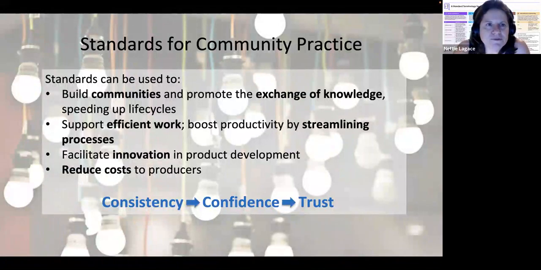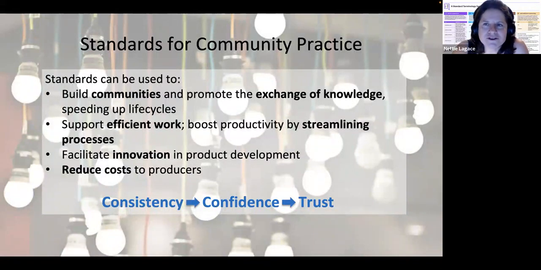Standards also streamline processes. So when people are doing something the same way, that increases efficiency in their organizations and across the industry. Once the basics are taken care of through standards, companies can then further innovate on top of the standards and provide differentiating pieces of their work.